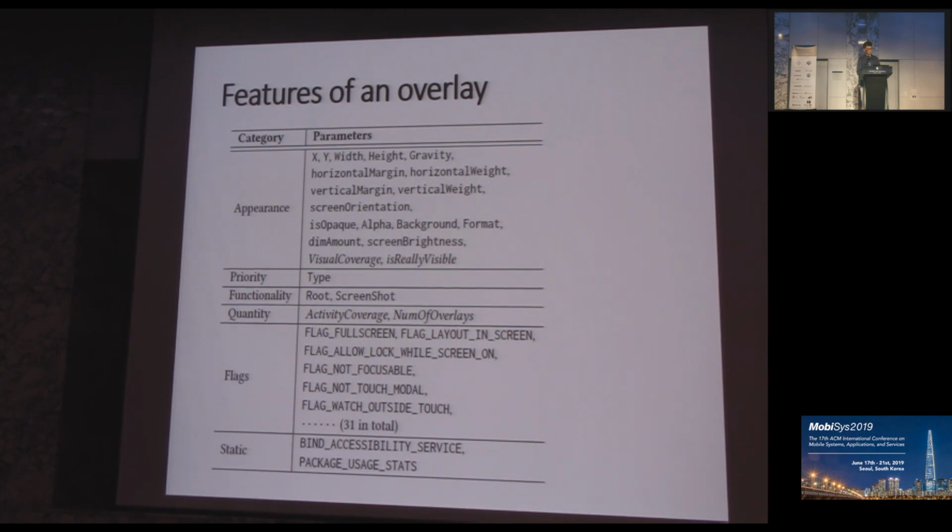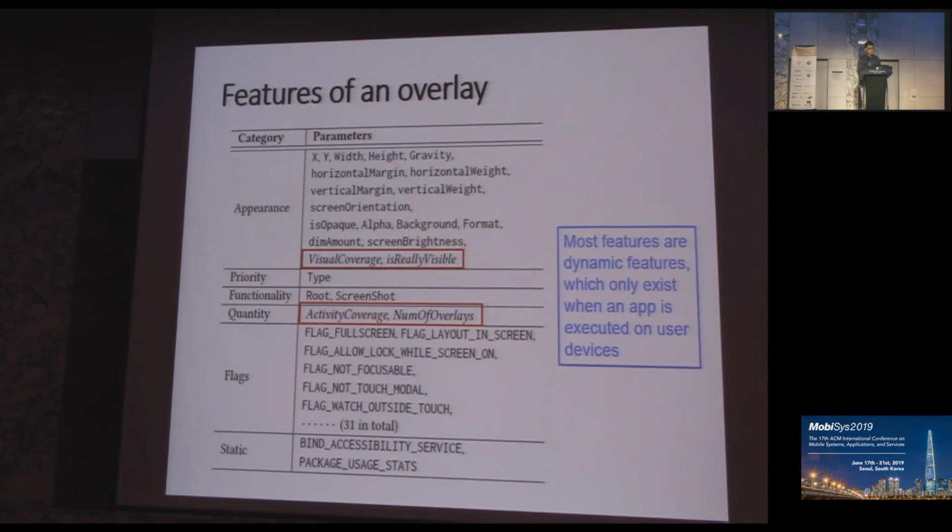Among those features, there are 4 novel features which are designed specially for the emulation experiment, and we marked them in the red rectangle on the screen. One thing I want to emphasize is that most features listed here are dynamic features, which only exist when an app is executed on the user's devices.